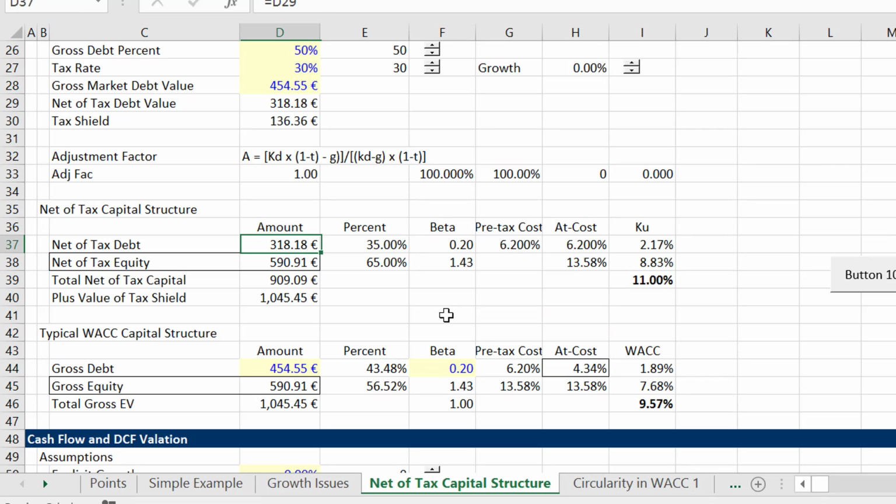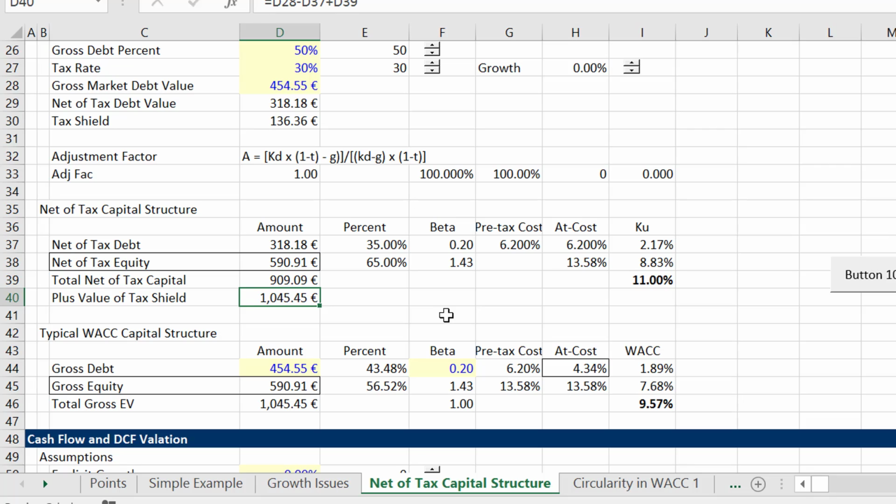In the net of tax method you take the tax out of the debt itself, and in this one you take it out of the after-tax cost.